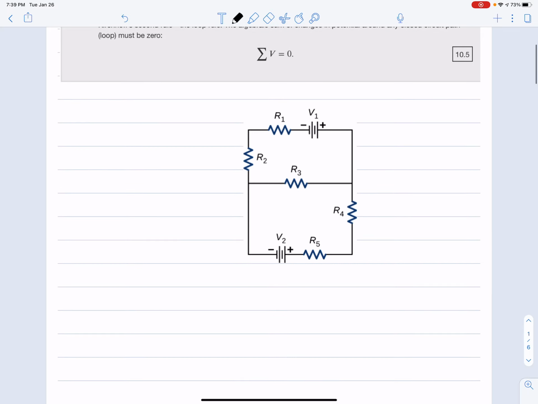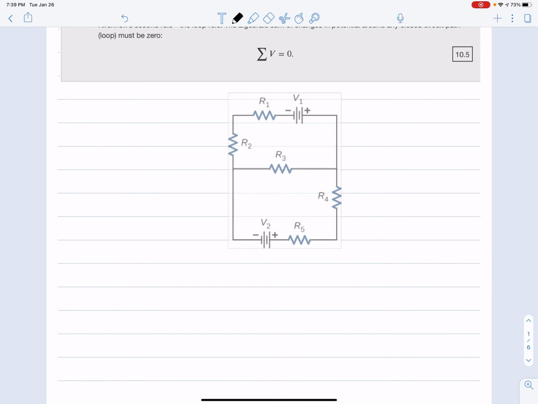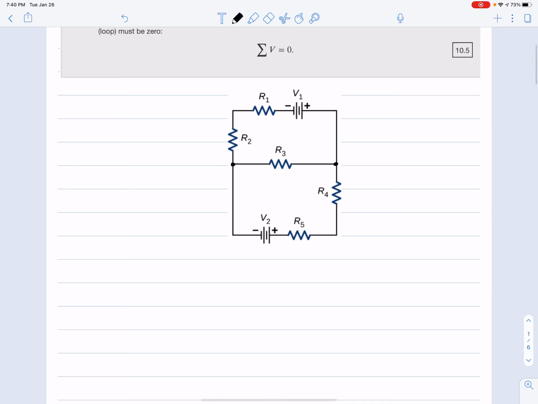What it means by that, and I wanted to clarify this because this is one thing I was confusing last hour, and I apologize for that, is that whenever there is a junction point, and let's say this is a junction point, and this is another junction point. The reason they're junction points is because different currents are passing through them.